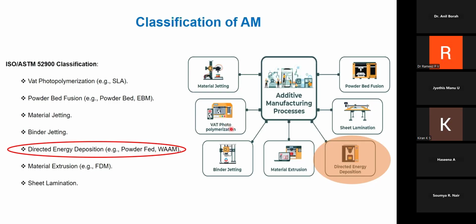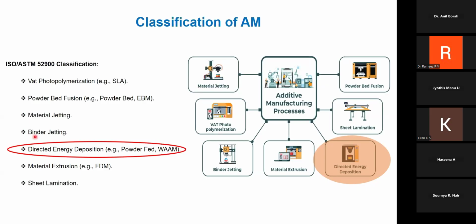The second method is powder bed fusion, where the raw material is in powder form, whereas in VAT photopolymerization the raw material is in liquid form. The third one is called material jetting, where the raw material is in wire form most of the time.